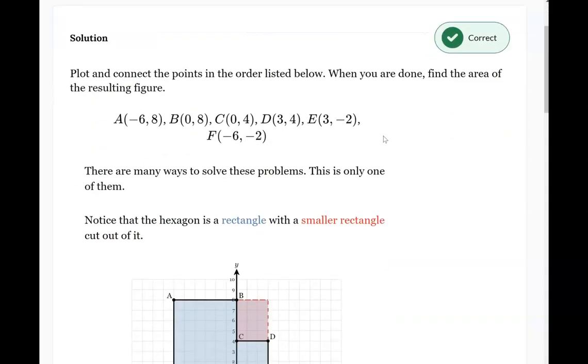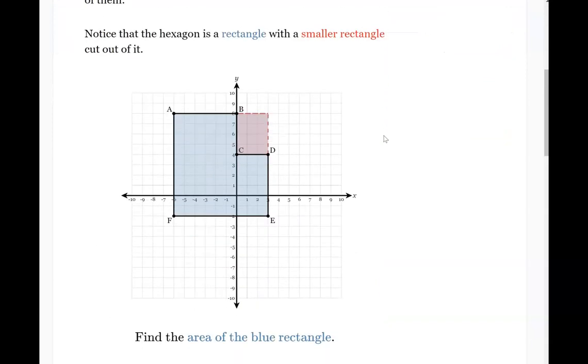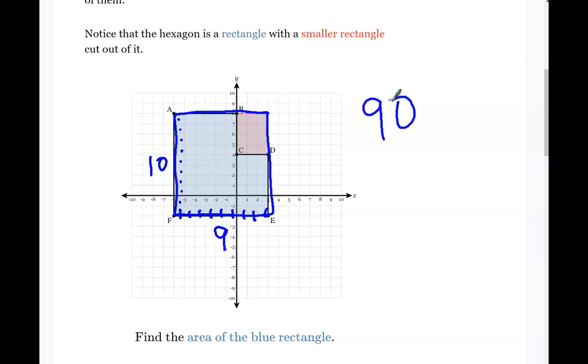In this answer, they also show you another way that you could have solved it. And that is, instead of splitting our shape into 2 rectangles, you could have just made one larger rectangle, which is 1, 2, 3, 4, 5, 6, 7, 8, 9, 10 on the side, and 1, 2, 3, 4, 5, 6, 7, 8, 9 on the bottom. So this whole rectangle would have an area of 90.